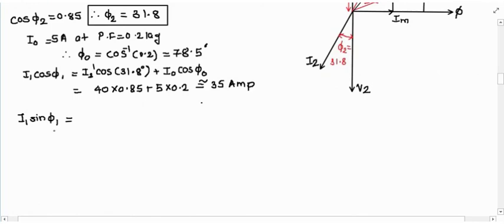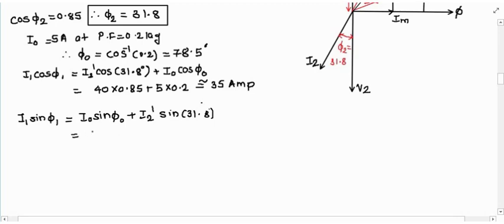Okay, so I will write down here, it is equals to I0 sin of phi 0 plus I2 dash sin of 31.8 degree.